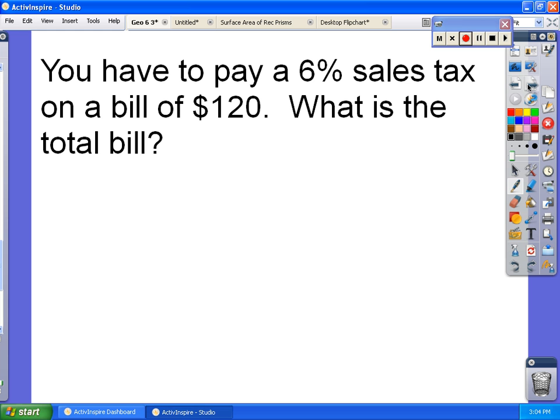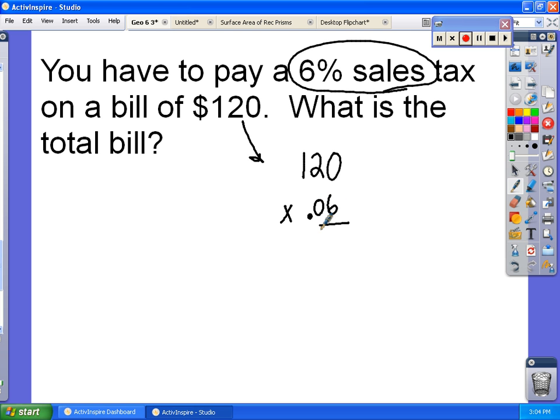Here's the same kind of problem. You have to pay a 6% sales tax on a bill. So here's the total. If you have to pay a sales tax, we're still going to find out what the 6% is. So I'm going to multiply by 6%, which is 0.06, not 0.6, because that's 60%. When you multiply by 6, you get 2 decimal places, $7.20.